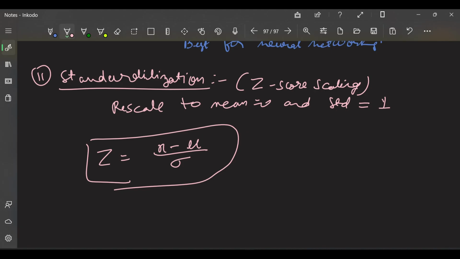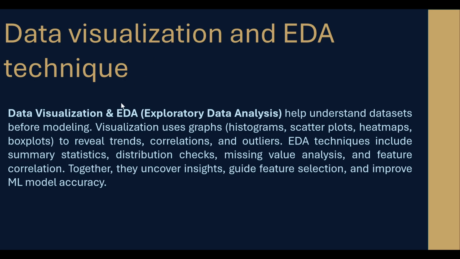So moving further to the fifth topic, which is data visualization and EDA technique. Let's go to our slides and discuss it first, and then we will come to the notepad for the detailed explanation. Data visualization and EDA, which is exploratory data analysis, helps to understand data sets before modeling.